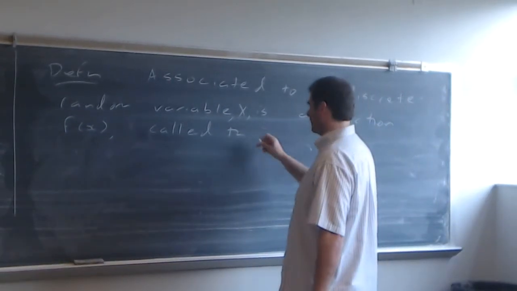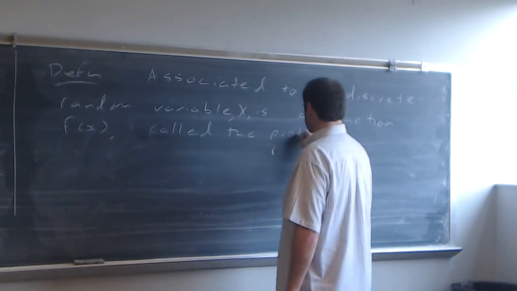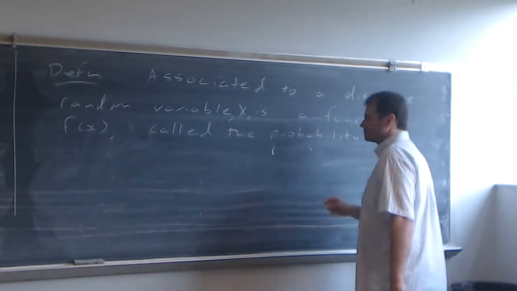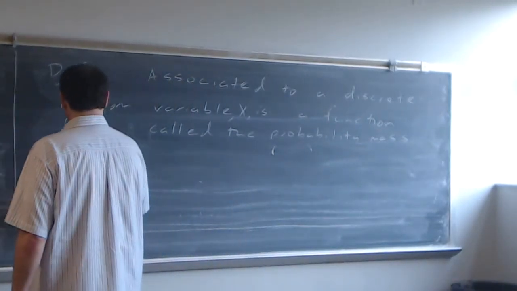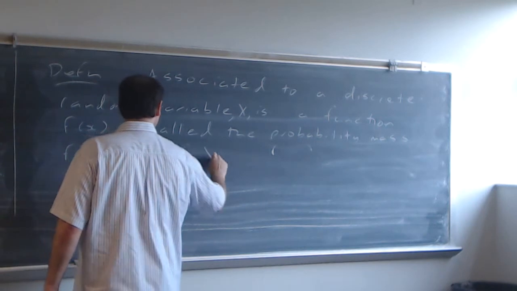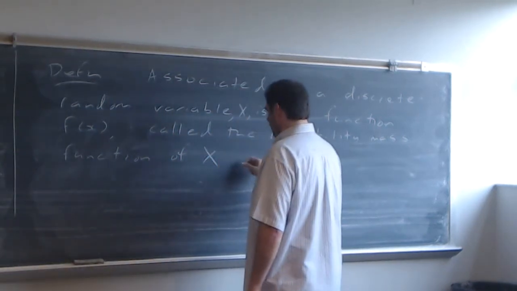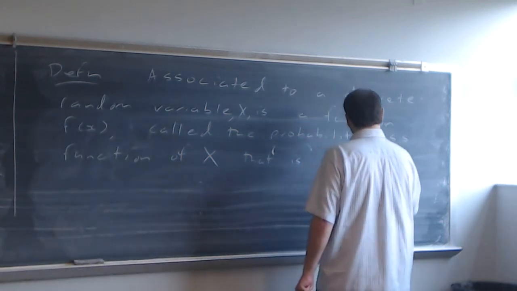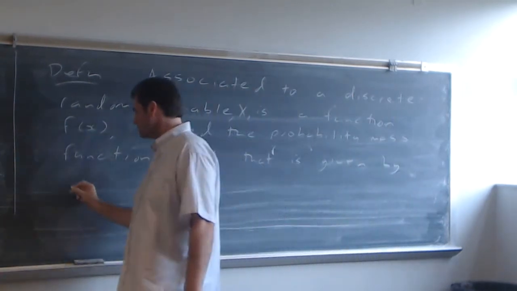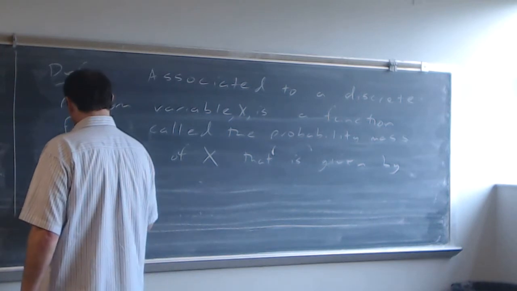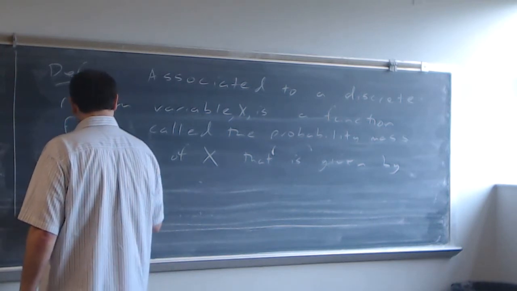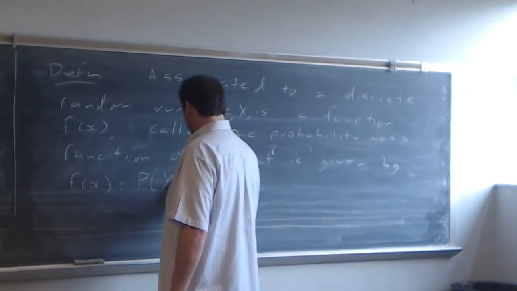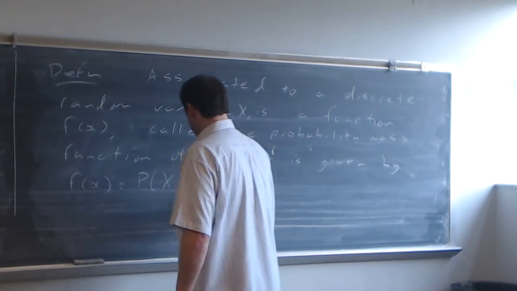It has a function, f of x, called the probability mass function of big X, that is given by, so here's the definition of the PMF: f of x is equal to the probability that big X, the random variable, is equal to x.